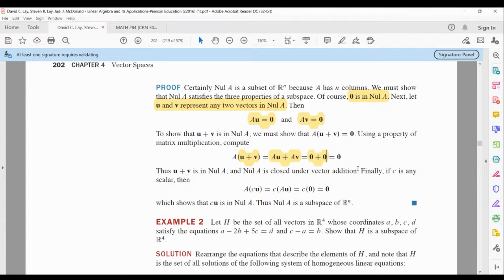Hence, you have the zero vector. So that means that any two vectors in the null space, if you add those vectors together, will also be in the null space. So the null space is closed under vector addition. We've proven two of the conditions for the null space to be a subspace. Are there any questions so far?